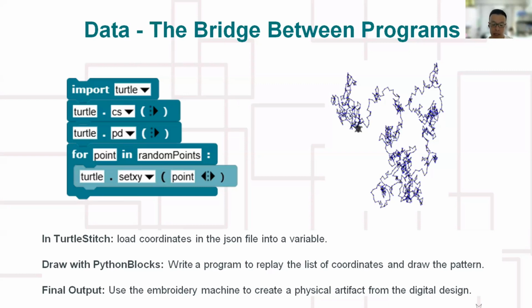When I told DeepSeek I need the result of the Python and imported it into TurtleStitch, and with the data we can draw more beautiful things, then the AI knows, no, it's not a single way ticket.